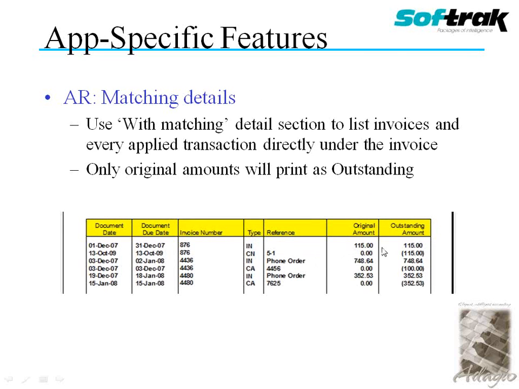And you can see that the outstanding amount, which is the current balance, doesn't show for partial payments. It shows the same as the original amount, even though it was paid. So here's a case of a partial payment where this invoice was partially paid, but the outstanding amount is the same as the original amount. Or similarly, this particular invoice was fully paid by this credit note, but the original amount still shows the same.